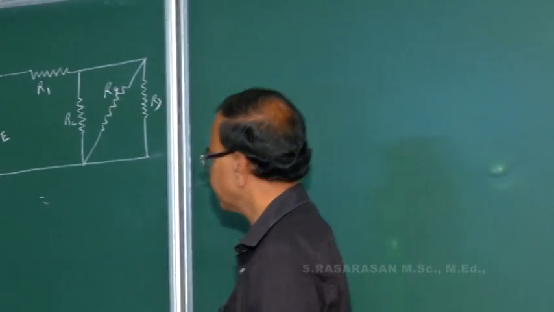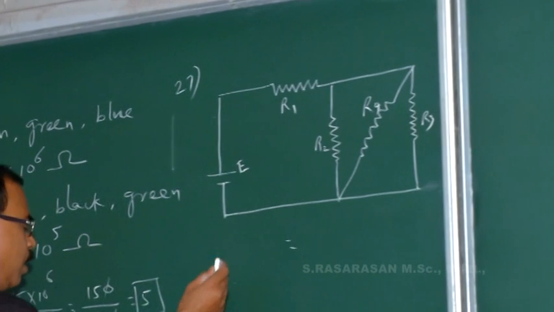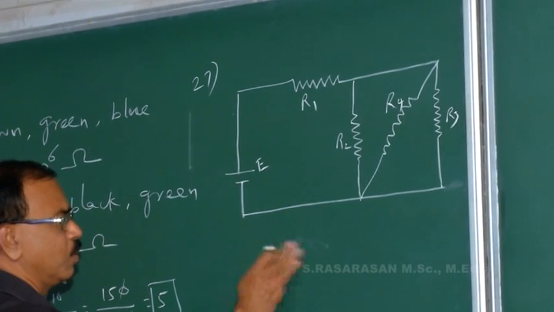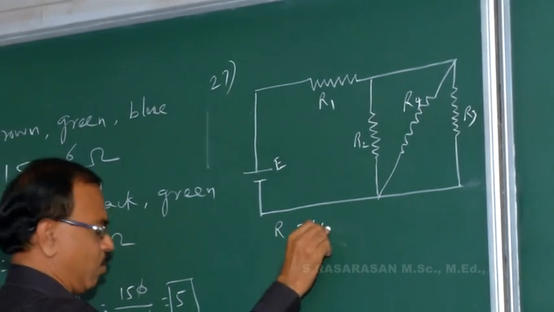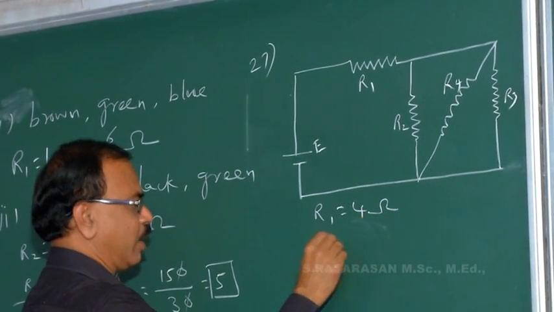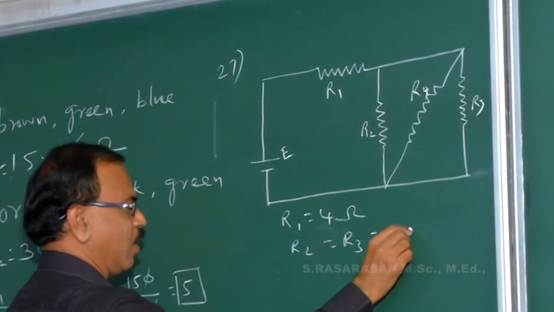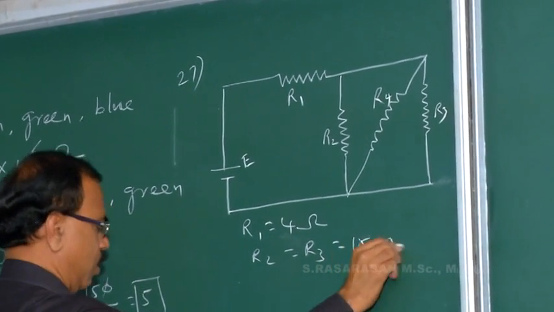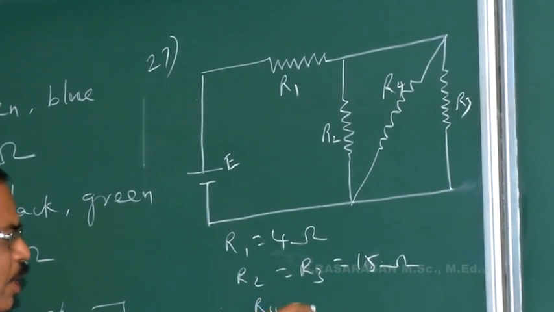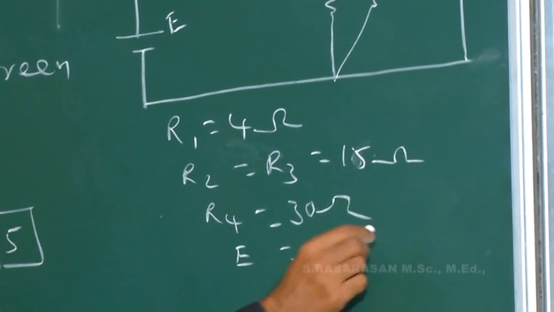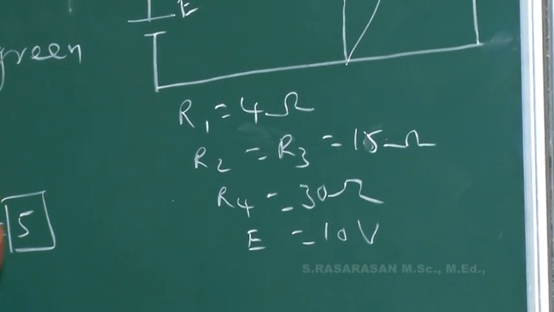So a circuit is given. Yes, here is a circuit. In this circuit, R1 is 4 ohm, R2 is equal to R3, which is 15 ohm, and R4 is 30 ohm. The EMF of the battery is 10 volt. What is the equivalent resistance of the circuit?